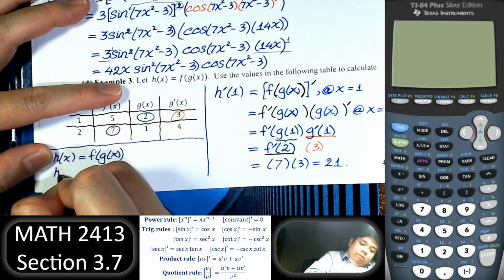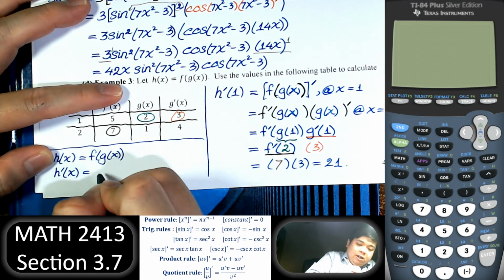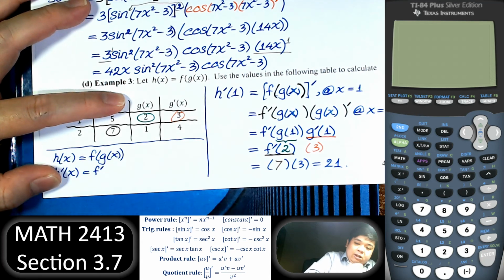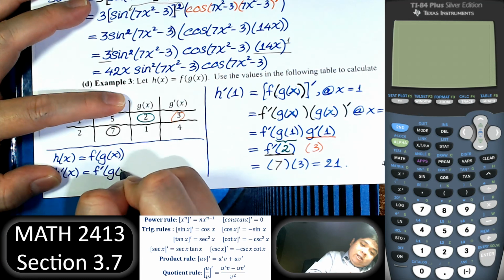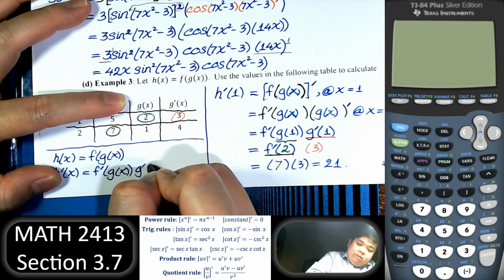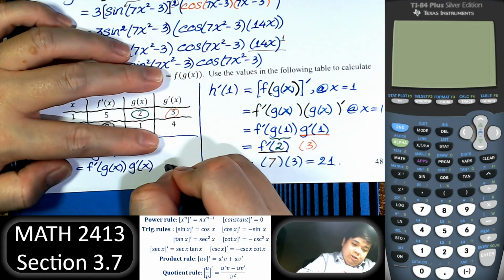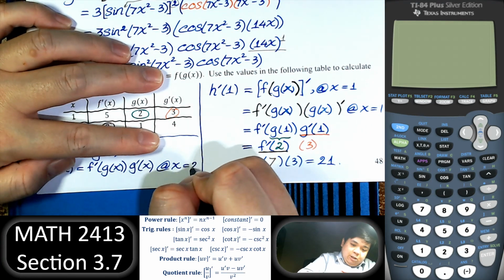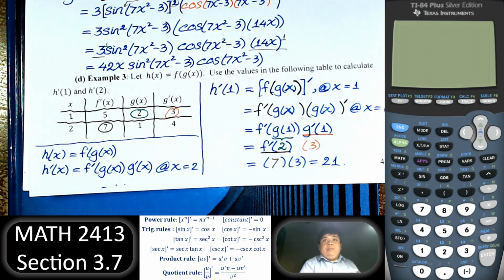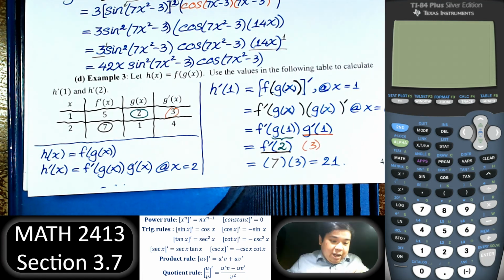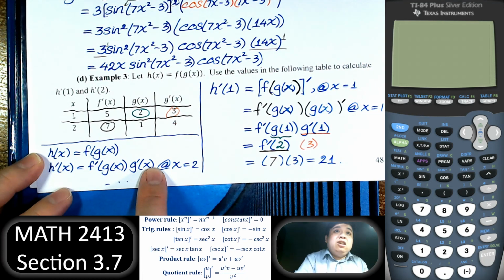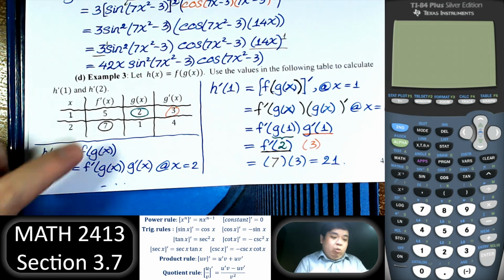So the derivative of that is the derivative of f at g of x times the derivative of g of x. And after that we will let x equal to 2. Yeah, and I'll let you do that problem. Then we put 2 in all of the x's, and the rest just follows what we have on the table.